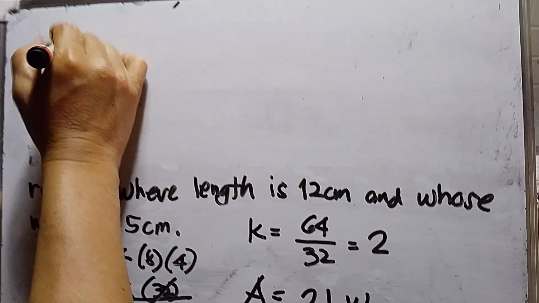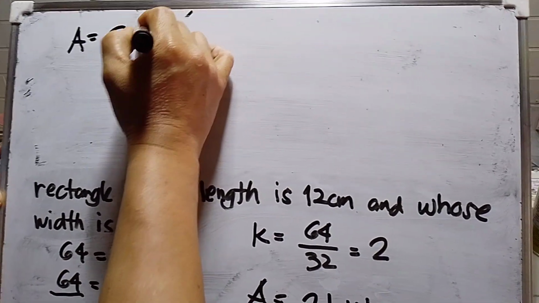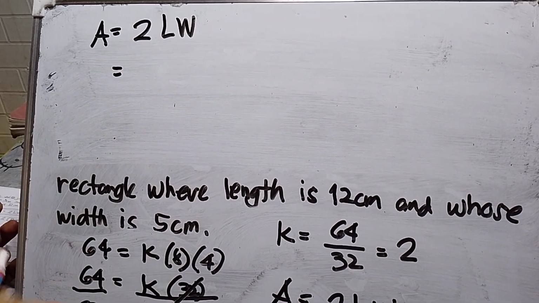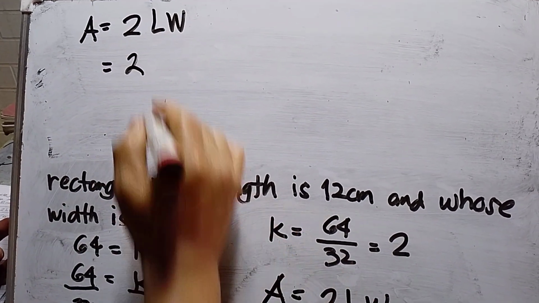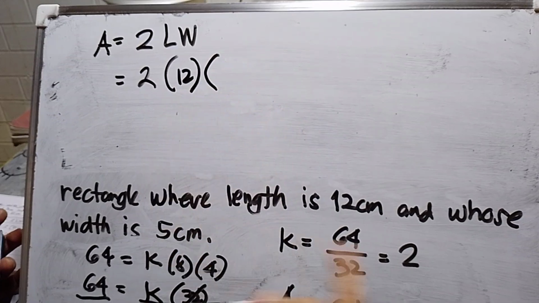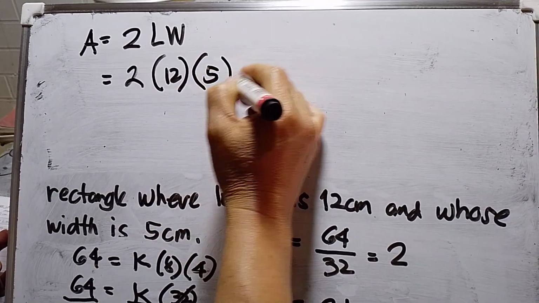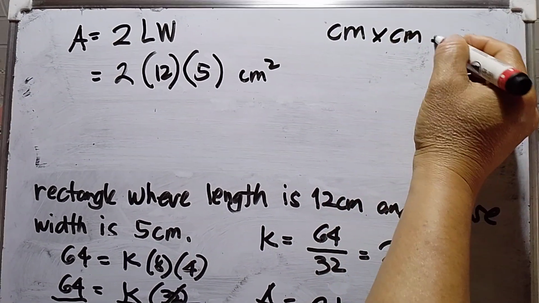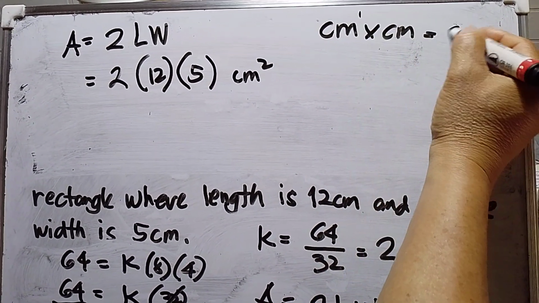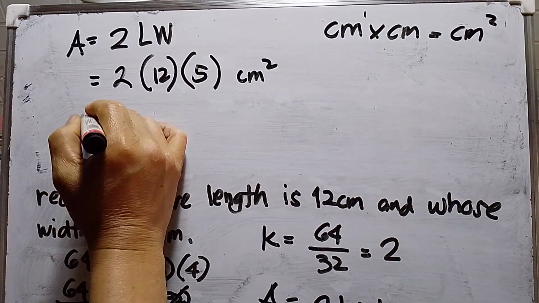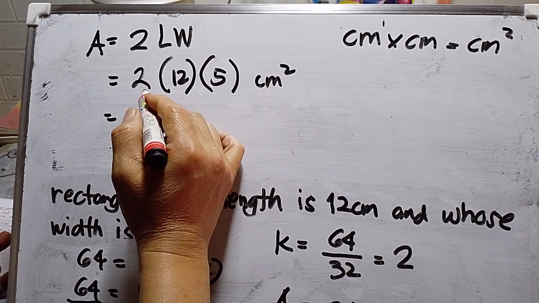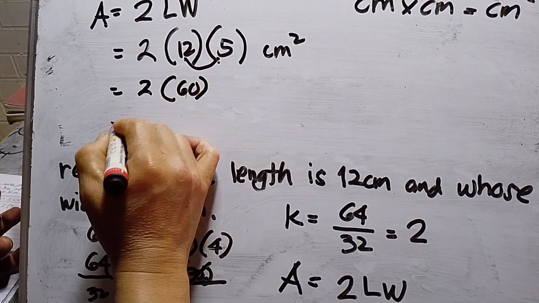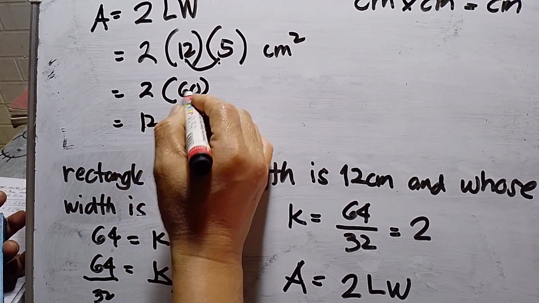So area is equal to 2 times 12 times 5, and it will be centimeter squared, because centimeter times centimeter gives an exponent of 2. 12 times 5 is 60, and 2 times 6 is 12, then copy 0.